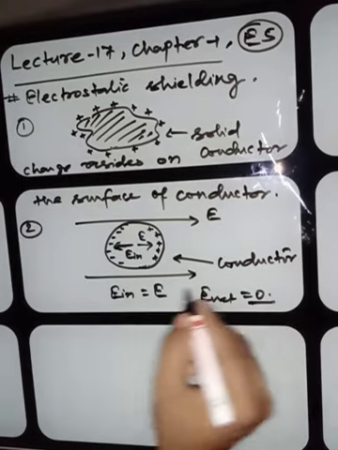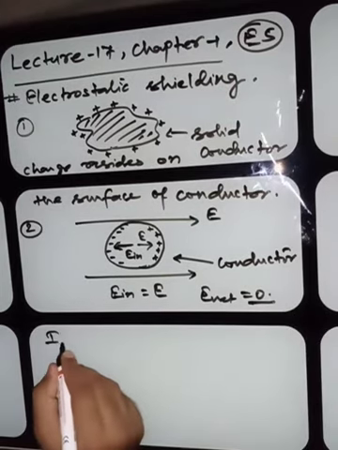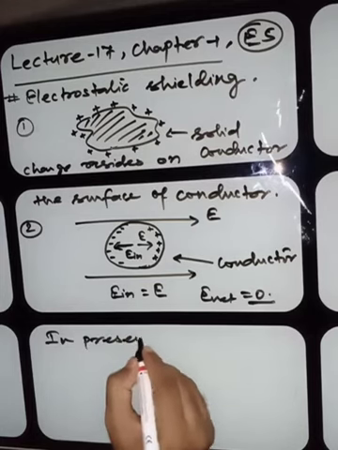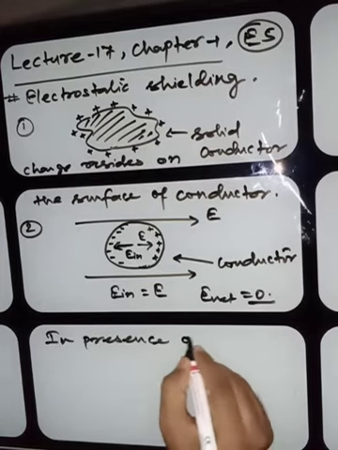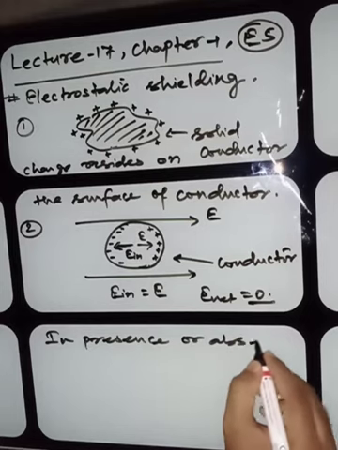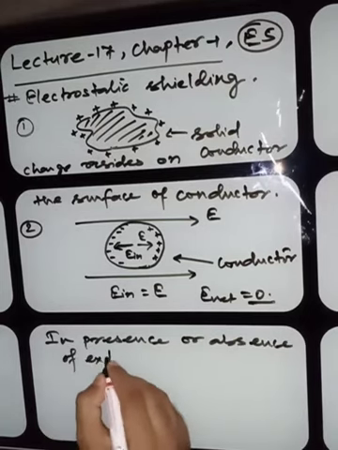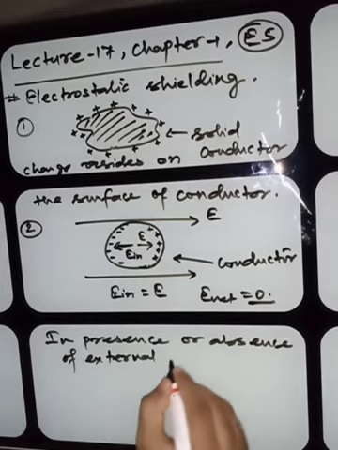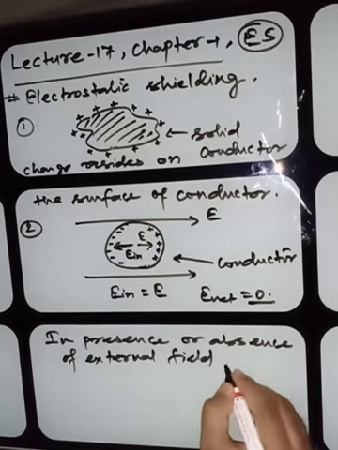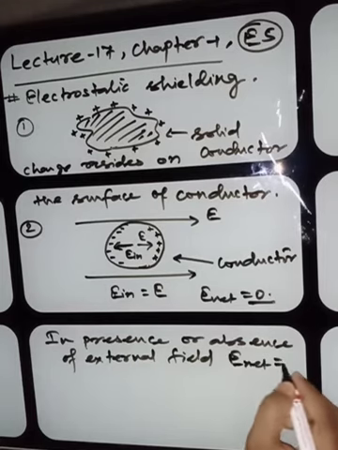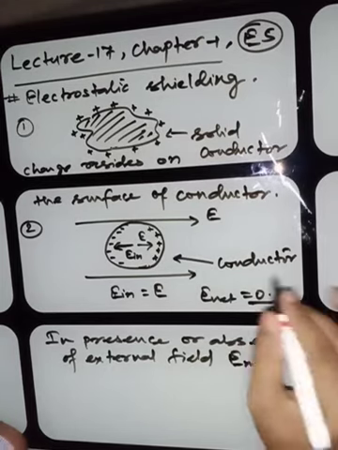0. So remember, in presence or absence of an external field, E net will be 0.